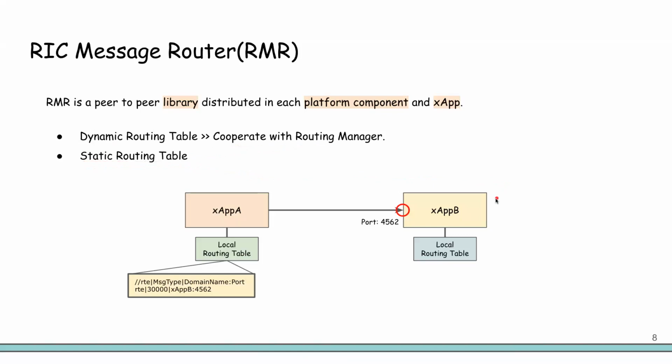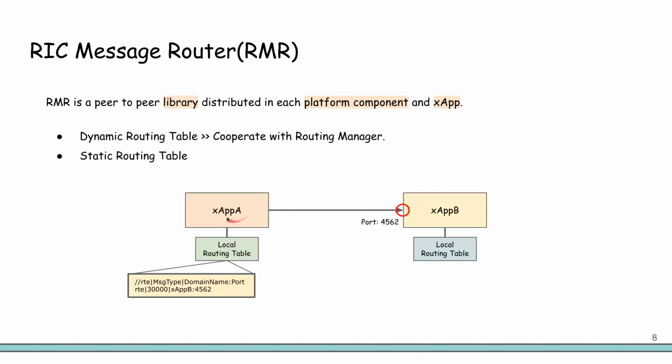As you can see in this figure, there are two xApps, A and B. How does xApp A connect to xApp B? We just use a local routing table. We just need to write a routing table and put it in this xApp.